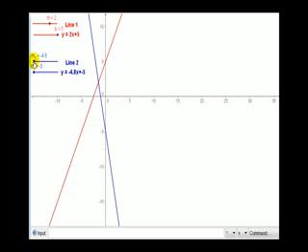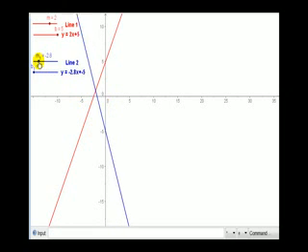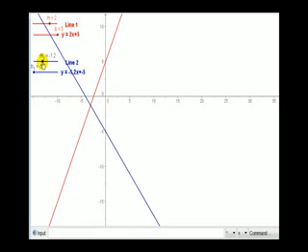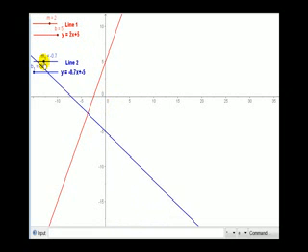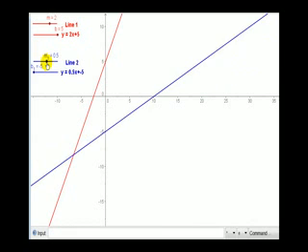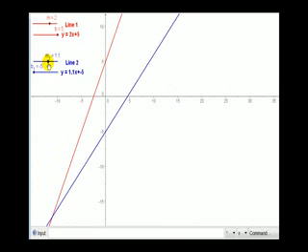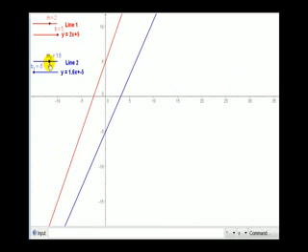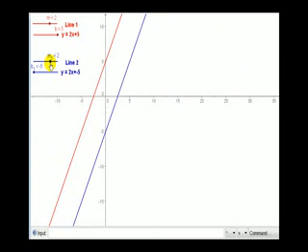So as we increase the slope of the blue line, the slope of the blue line will approach the slope of the red line. So right here, the slope of the red line is equal to 2, and the slope of the blue line is equal to 2.